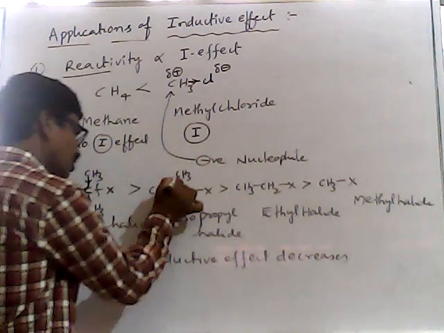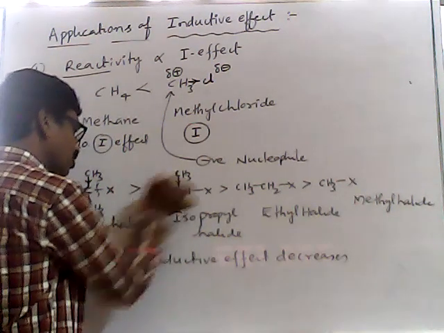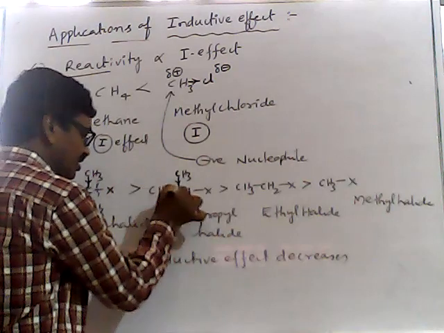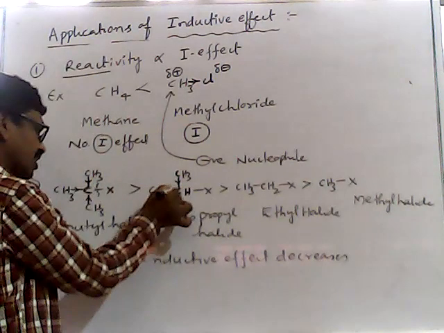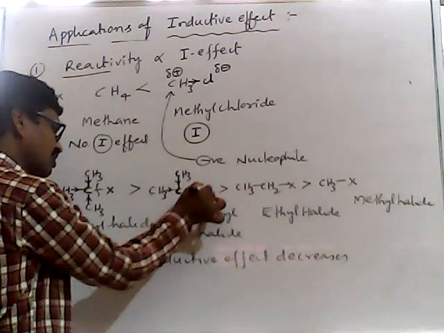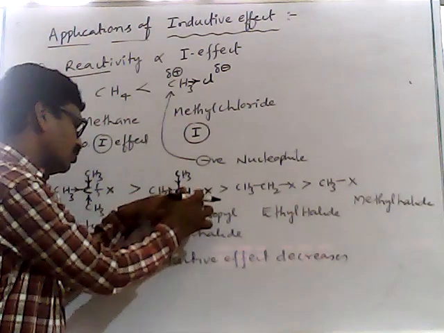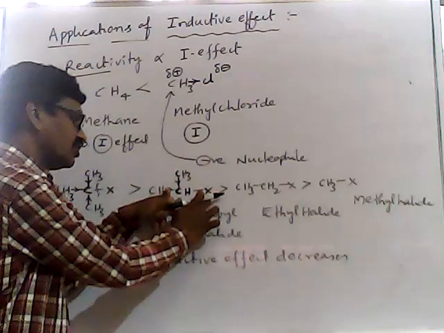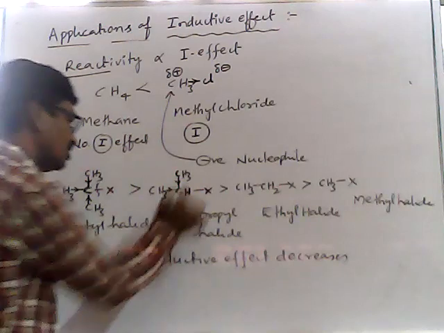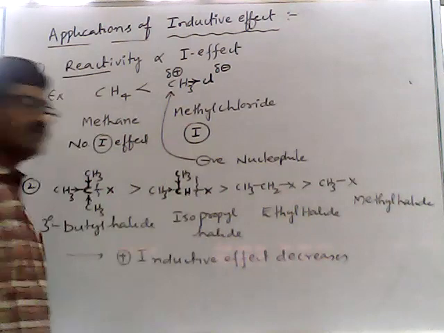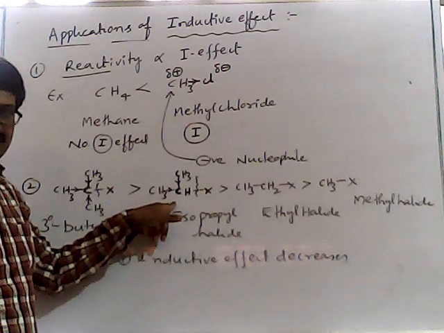But here only two sigma electrons from this methyl group and this methyl group move towards this carbon. Compared to this carbon, this is less electron dense. Here X also has more electron density, so this is also more negative. Therefore, between two more negative atoms there exists repulsion, so there is a chance to break this bond. So here it is very easy to cleave, here it is somewhat less easy to cleave.